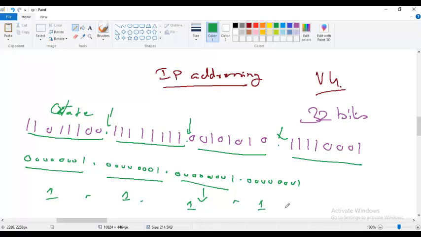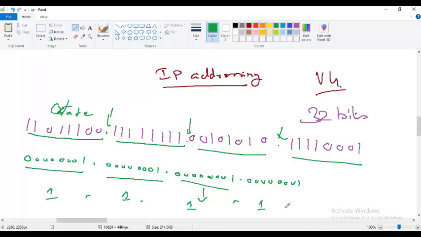They took the 32-bit, divided it into 4 equal parts, and converted binary into decimal, so that normal people and non-technical people can comfortably use this IP address, can remember this IP address.